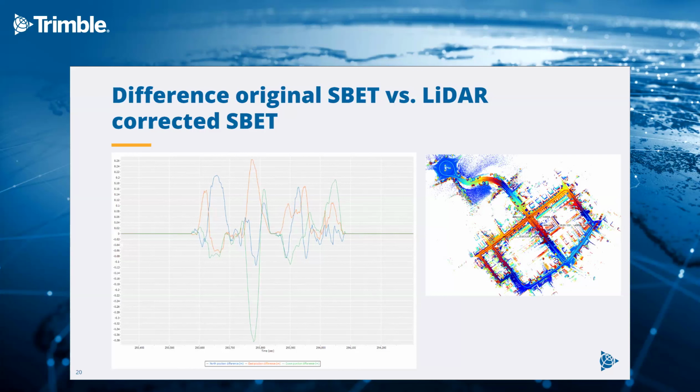And the flat lines at the beginning and at the end are obviously the time epochs where we didn't have any LiDAR data. So you can see that the trajectory file only gets corrected for the segments where LiDAR data are present.